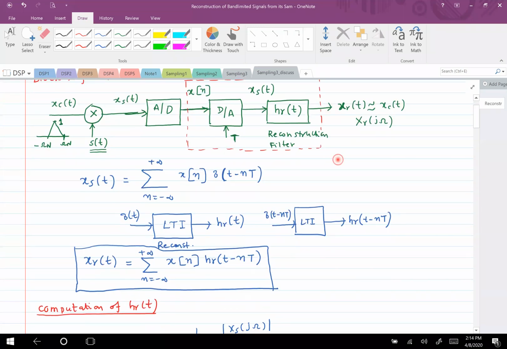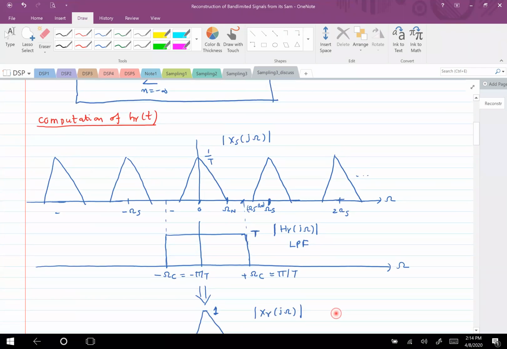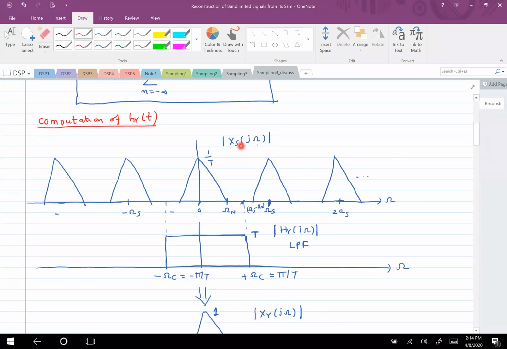So Xs of j omega, given that the original one is from minus omega n to plus omega n with maximum magnitude being 1, would look something like this, where you have copies placed at omega s, 2 omega s, and so on, and minus omega s, minus 2 omega s, and so on on the left hand side, right? What should you get now?